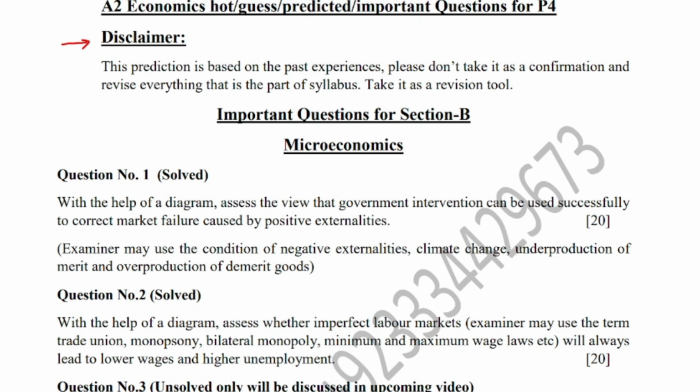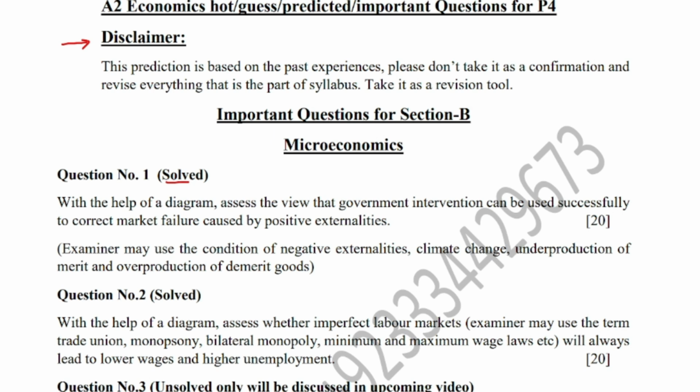So question number 1, this question has been solved. I'll show you the answer of this question as well. With the help of a diagram, assess the view that government intervention can be used successfully to correct market failure caused by positive externalities. So it is not necessary that the examiner will ask about positive externality, the examiner may ask about negative externalities as well.